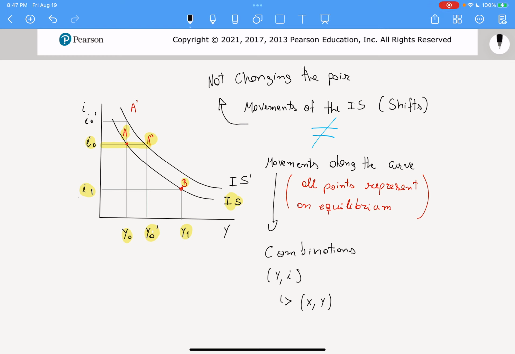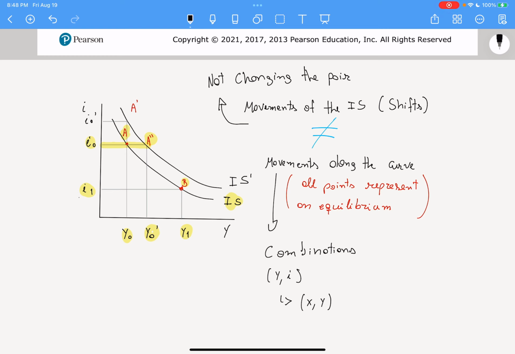When we shift the curve from A to A double prime, or the IS from IS to IS prime, the first equilibrium is interest rate 0 and output 0, and in the new equilibrium we have the same interest rate, but a greater output. This is the same as saying a movement along the curve does not imply any change in the structure of the model that we are working with.